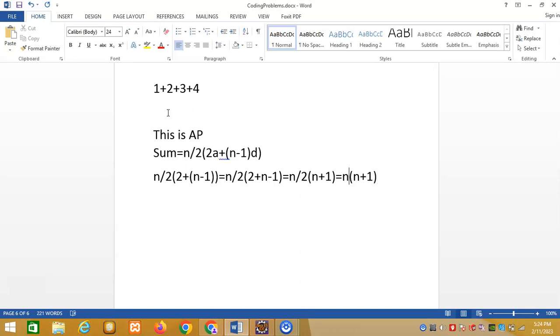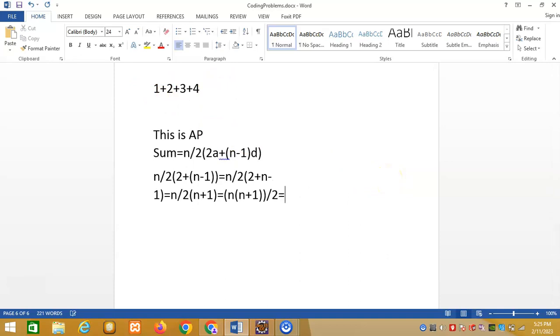You can also write it as n into (n plus 1) divided by 2, or n by 2 into (n plus 1). So this is the formula for the sum of first n natural numbers: n into (n plus 1) by 2.